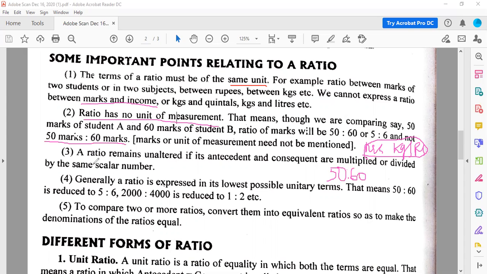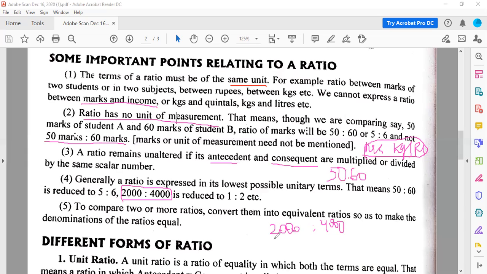Then, a ratio remains unaltered if its antecedent and consequent are multiplied or divided by the same scalar number. Now let us take an example here. We'll take this number as an example. So 2000 is to 4000. In this, the first term is called the antecedent, the second term is called the consequent.